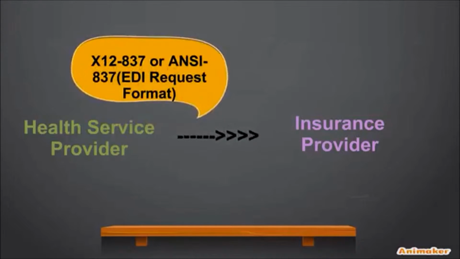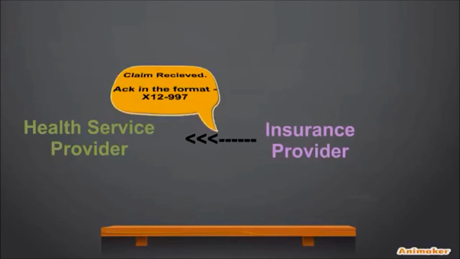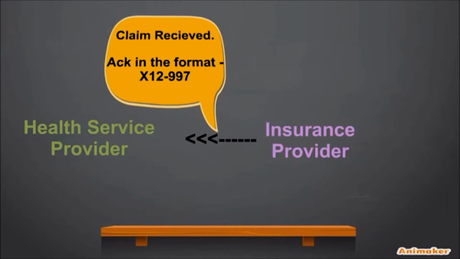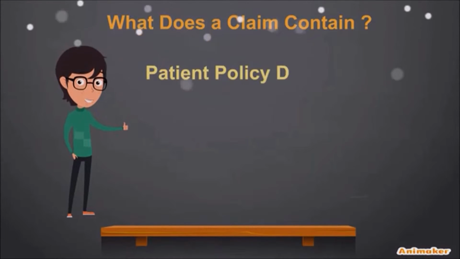Electronic claim submission follows the standard ANSI 837. 837 is the format established to meet HIPAA requirements for the electronic submission of healthcare claims. Upon receiving the claim in ANSI 837 format, the insurance provider acknowledges the health service provider with the X12 997 claim received transaction. What does a claim contain?